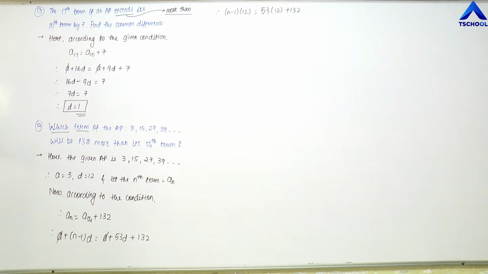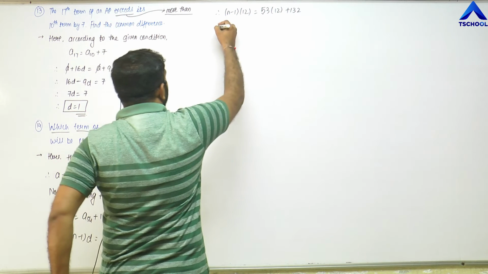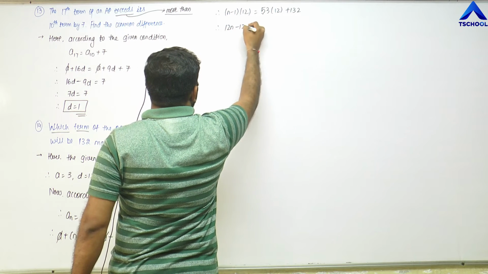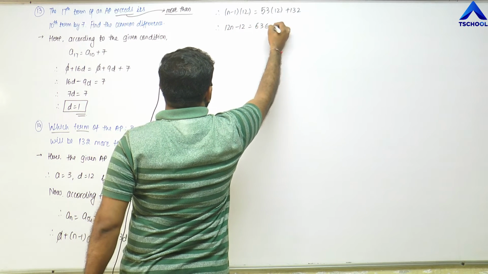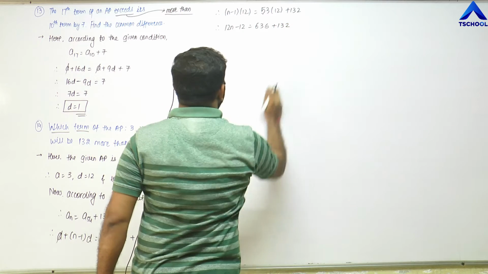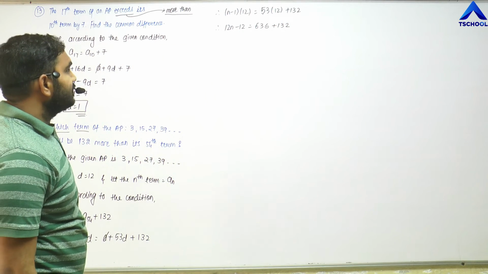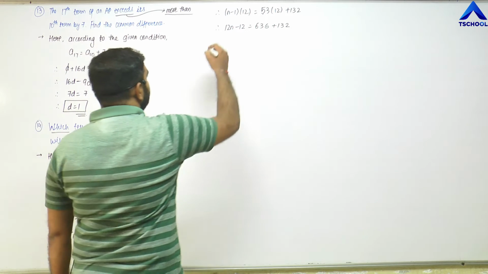Multiply it and you can get the answer, that is 636, right? And here you can also get 12n minus 12, that is 636 plus 132, that is 768.